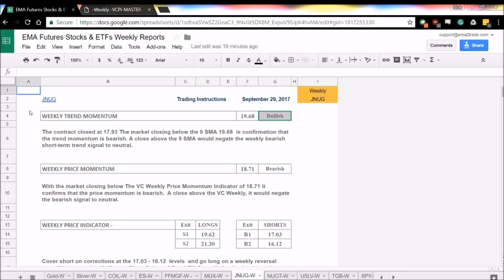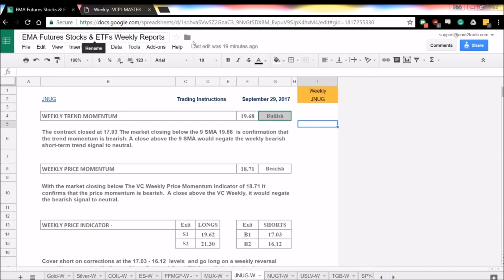The weekly trend momentum indicator is the 9-day moving average that we use to identify the trend momentum in the market. With JNUG closing on Friday at 17.93, below 19.68, it's an indication that we are dealing with a bearish market.